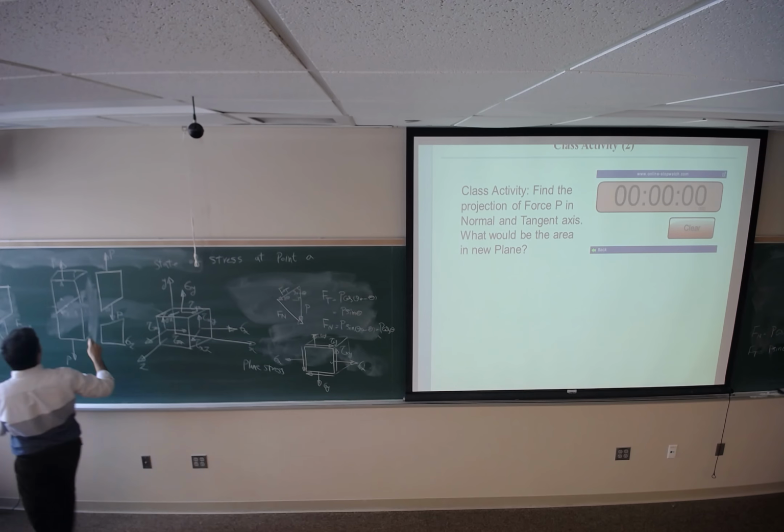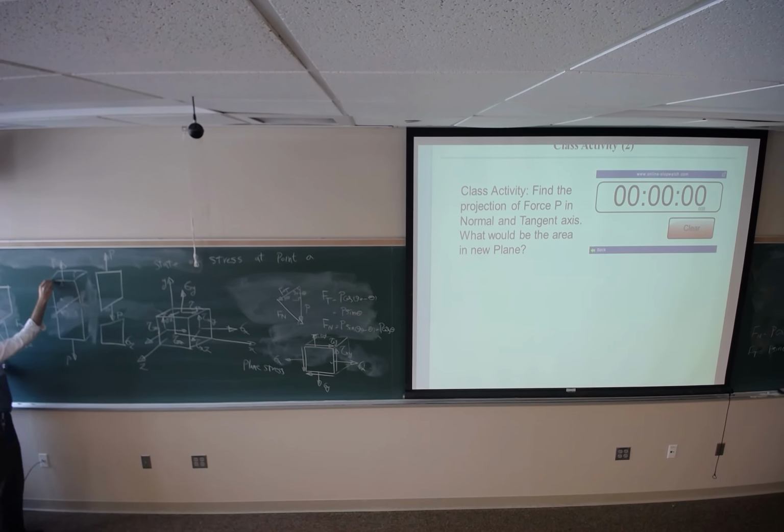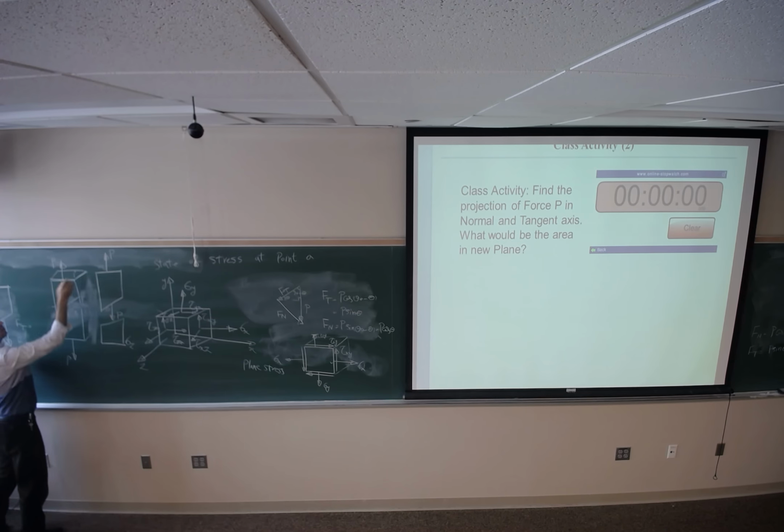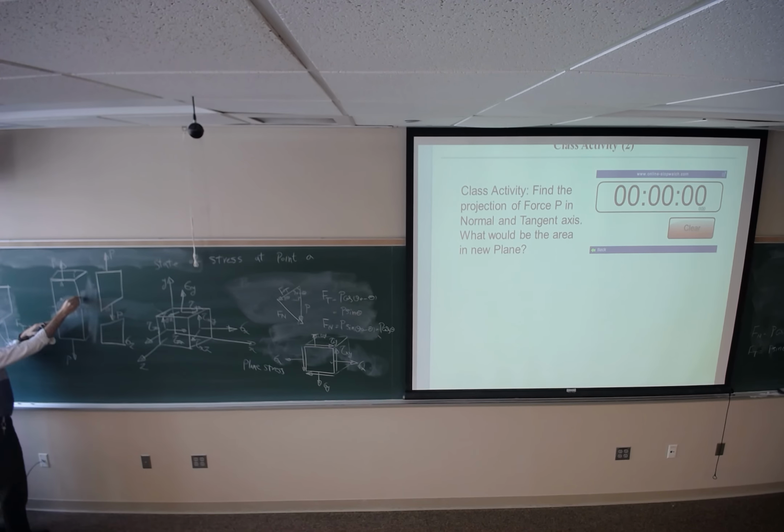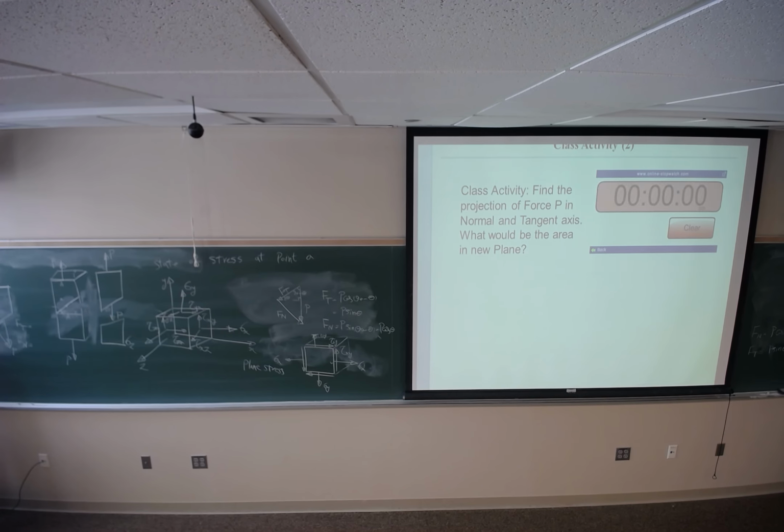Now, if this length is A and this length is 1, if I cut the plane at the angle of theta, what would be this length? You can simply say again, if this is theta, this length is A, and we are looking for this L, which is A divided by cosine of theta.